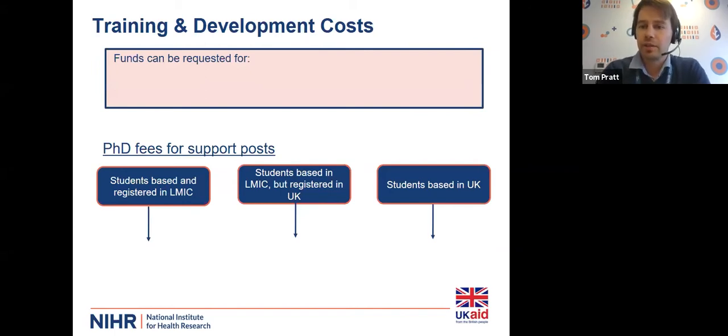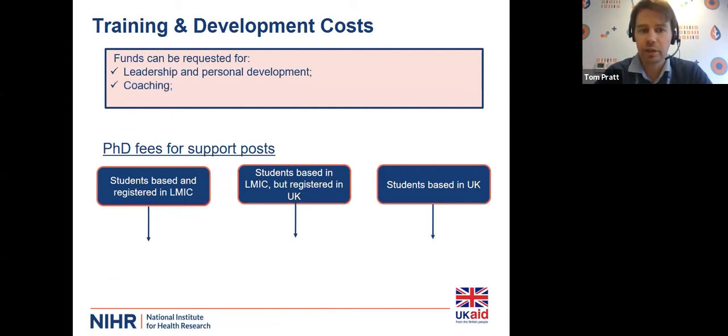So as I mentioned, the training and development costs are quite a key area for the research professorships. What we'd ask to be put into these sections can be the leadership and personal development costs for the lead applicant. This can be formal courses for leadership potentially. There can be quite a wide range of formal courses that people like to go on.